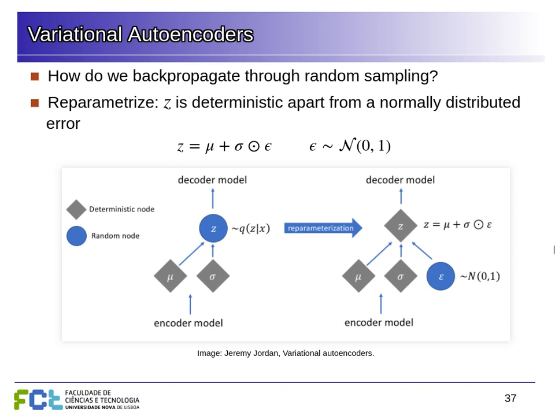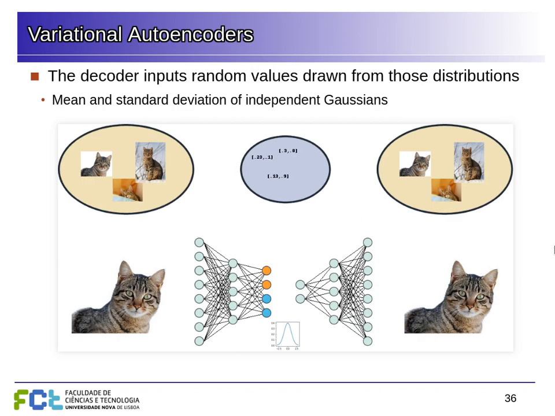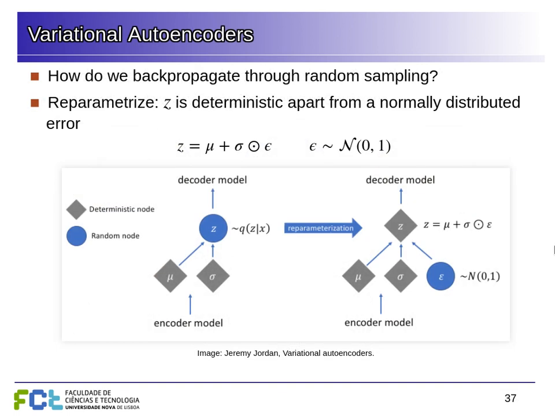The encoder is learning values for the mean and standard deviation of the distribution of each of those encoded representations. If we have a mean and standard deviation and draw a value at random for the hidden representation, we cannot backpropagate the error through here because this is a random sample and not a deterministic operation.